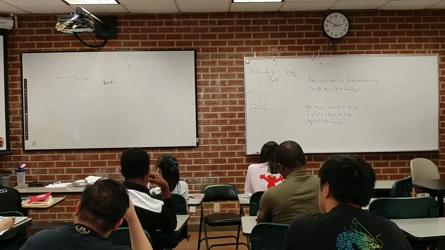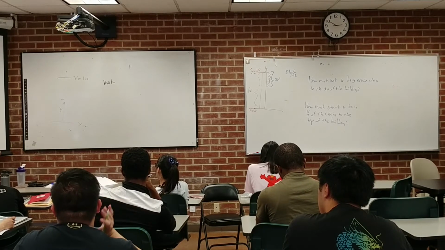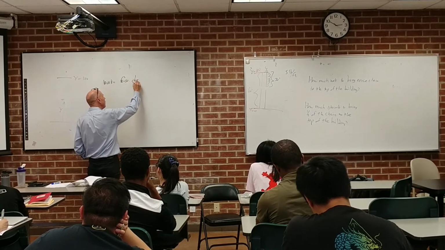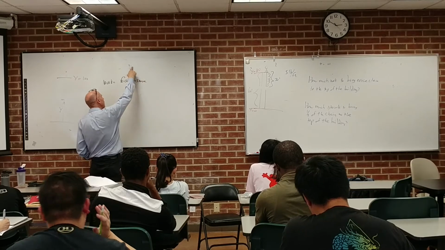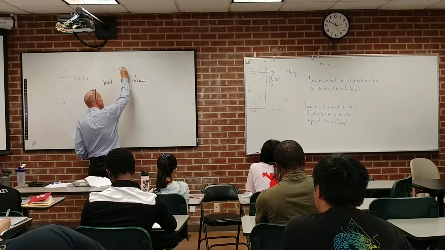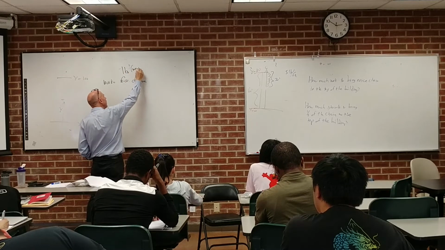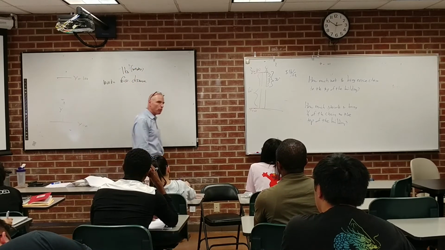So when I hear the word work, what do I think? Math. Force times distance. And how am I measuring force in this problem? Pounds. And remember that in this context, we're fighting gravity.